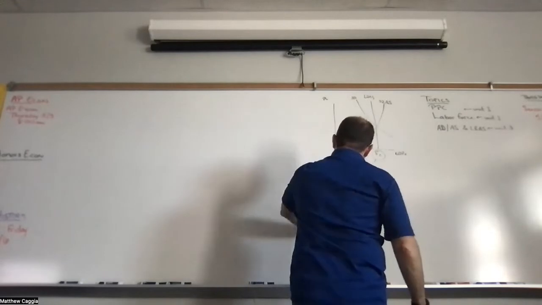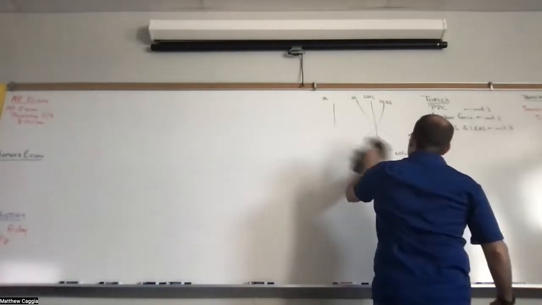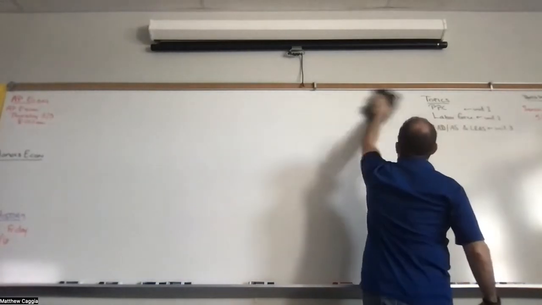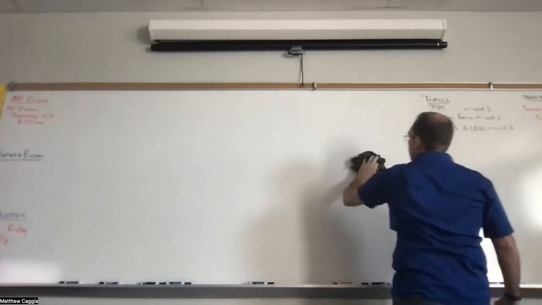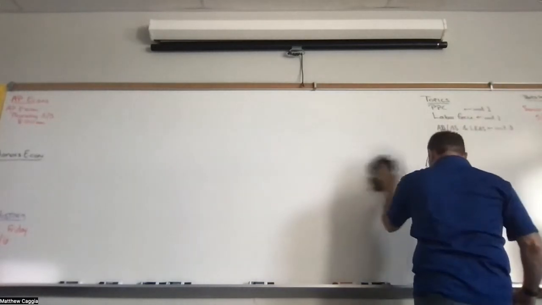So the math portion, when you look at a table and you just know, okay, this one has a better opportunity cost, this one has a better comparative advantage.